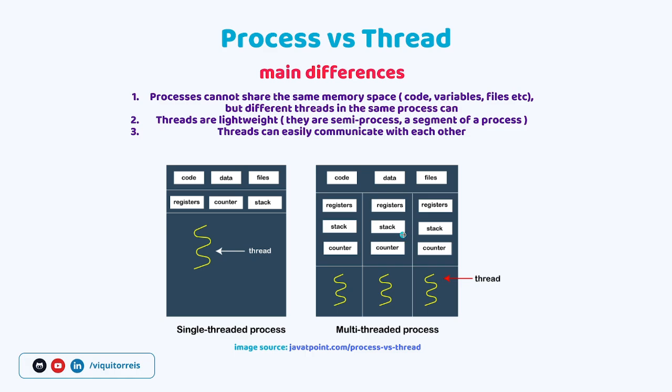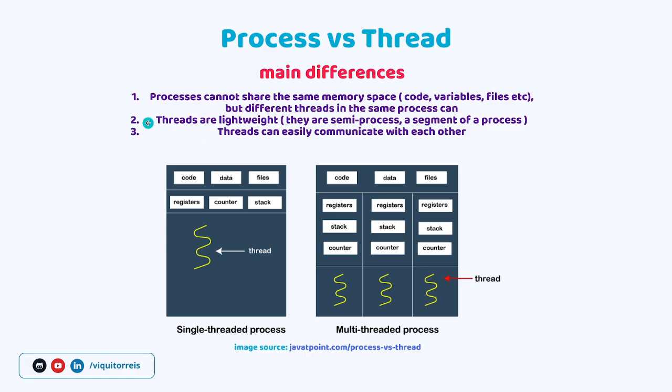When you have multiple threads inside a single process, you can share a lot of things between threads pretty easily, like code, variables, data, files, signals, and so on, right? But you have things that are specific to a thread, right?